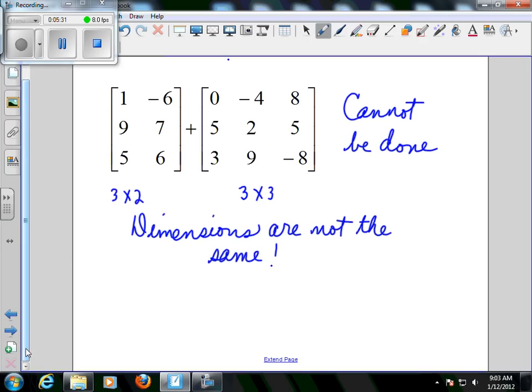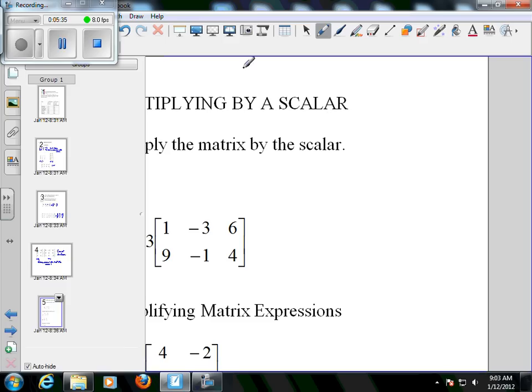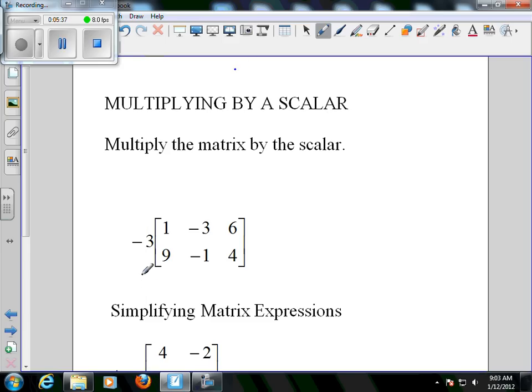Okay? So now let's move on to our next idea, multiplying by a scalar. Now, what we're talking about is multiplying a matrix by a constant. And so I've got this matrix of 1, -3, 6, and 9, -1, 4. And it's all being multiplied by -3, which just basically means you're going to multiply each entry of the matrix by -3.